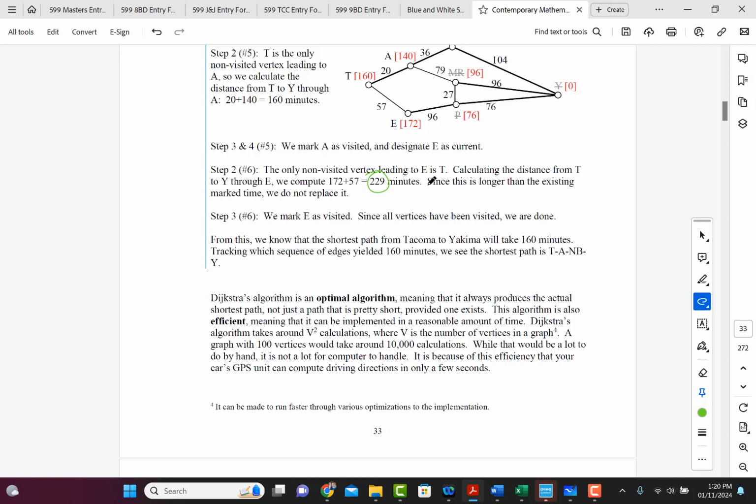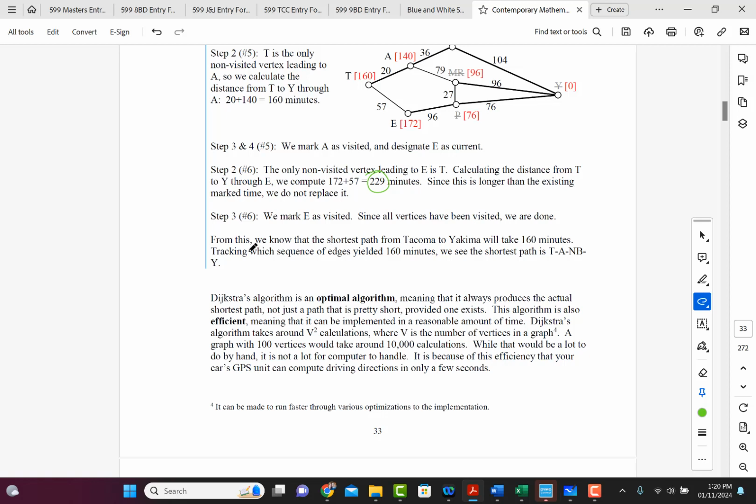Since this is longer than the existing marked time, we do not replace it. 229 is bigger than 160, so we don't replace it. Now we mark E as visited, and since all the vertices have now been visited, we're done.